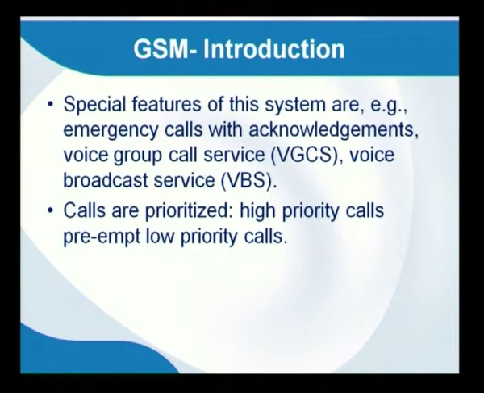This is the point: GSM-R will preempt all the low priority calls. So all the channels allocated to the low priority users will be preempted, and those channels will be established for the high priority control channels. So this is a very interesting and important feature to be noted in GSM-R.